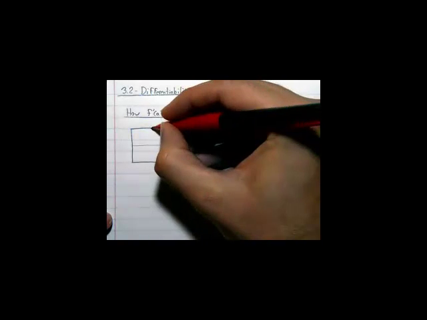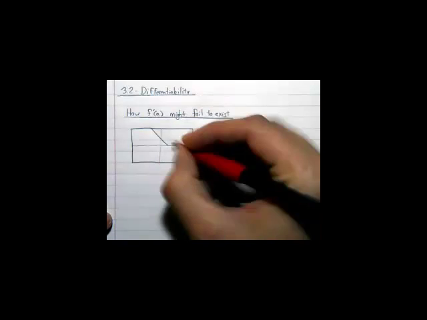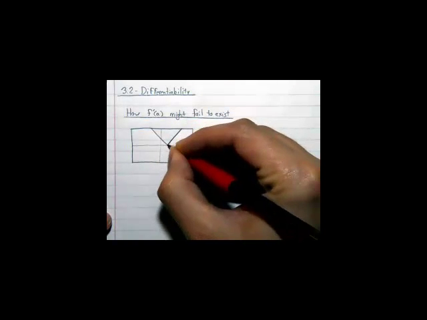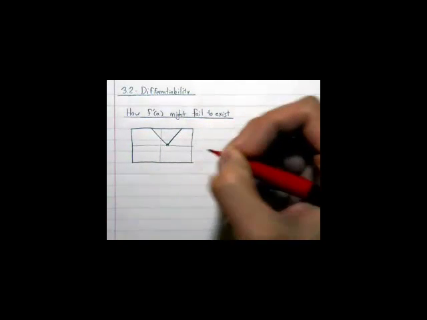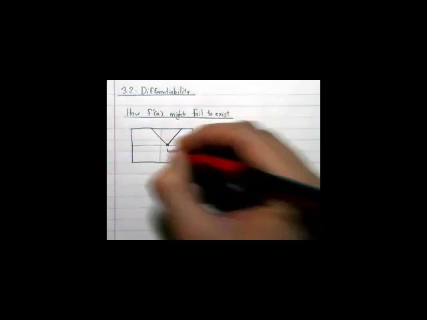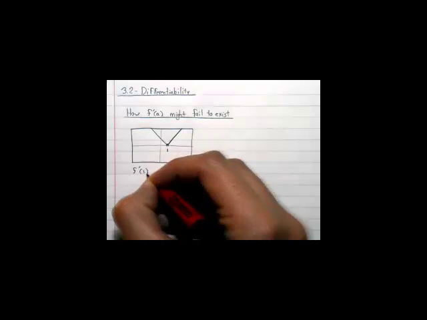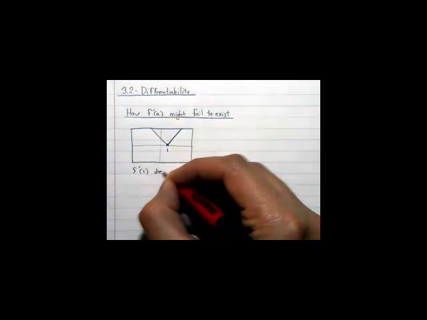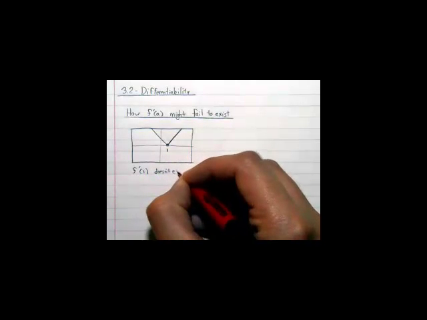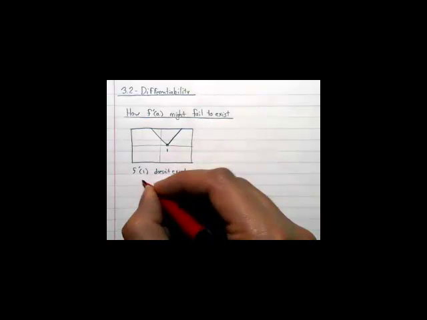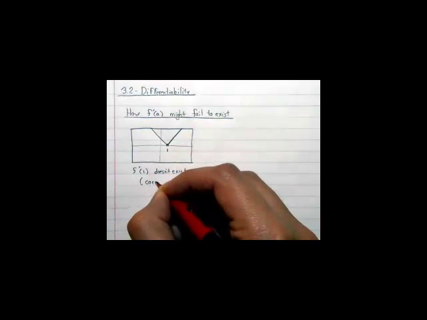So something kind of like that. This point right here, let's say this is at 1. So f prime of 1 doesn't exist because it's a corner there.